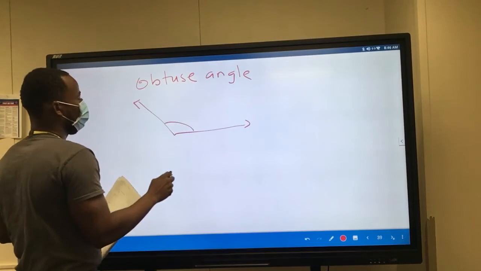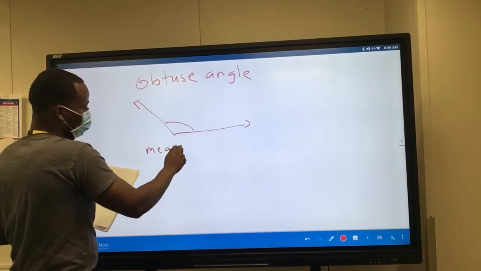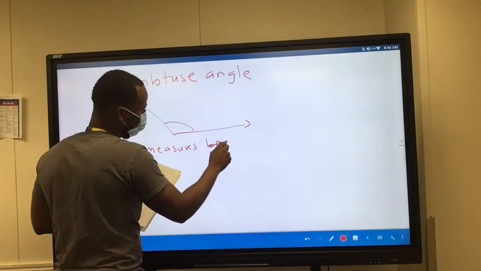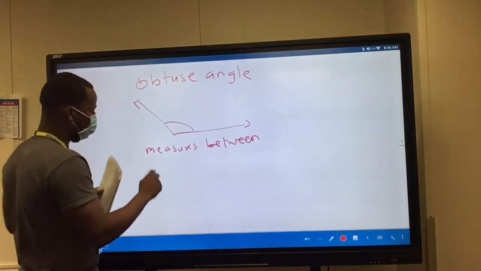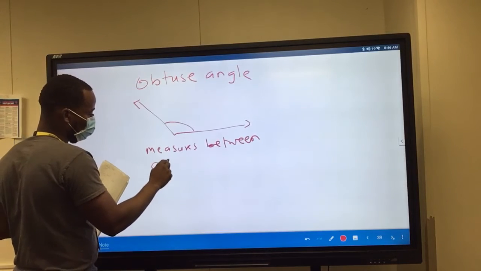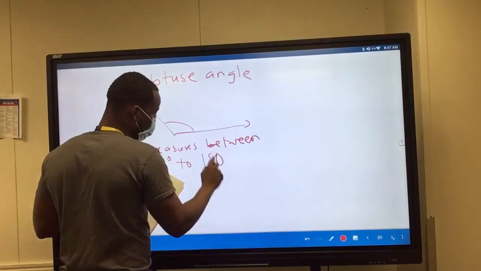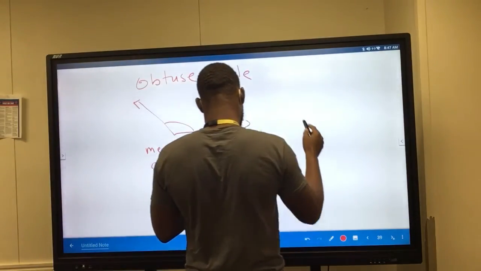This measures more than 90, but less than 180, so between 90 to 180.